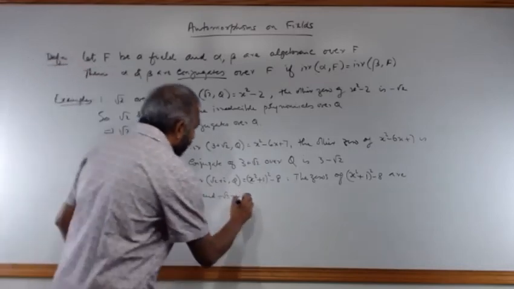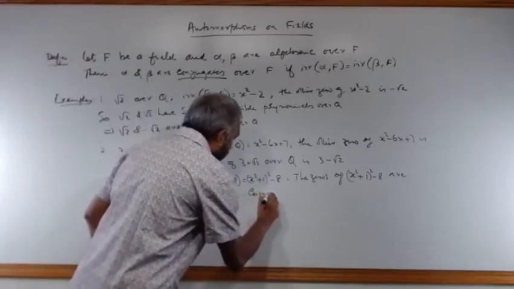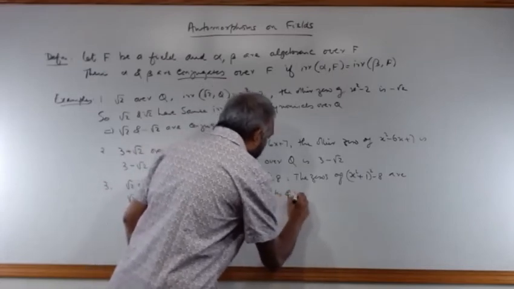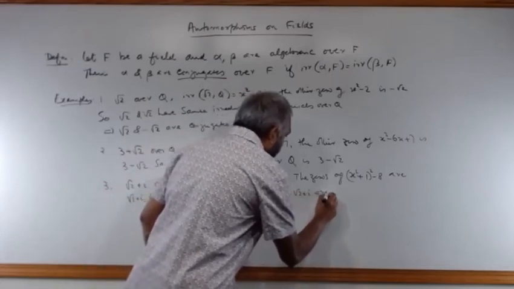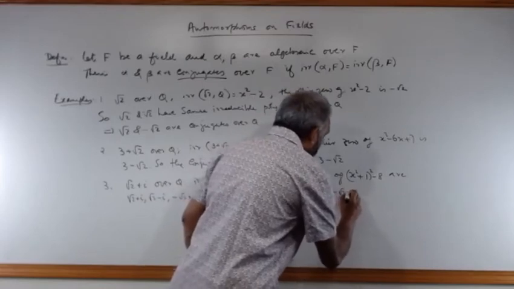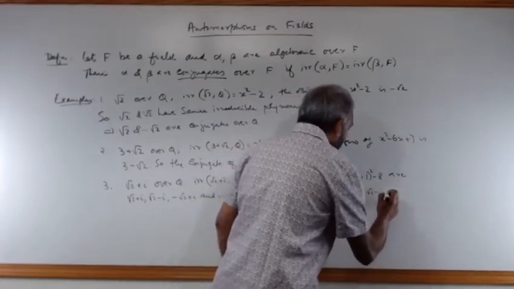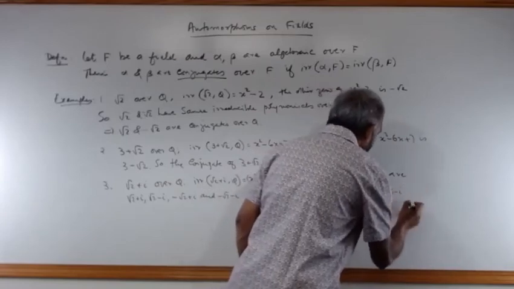So the conjugates of root 2 plus i are minus root 2 plus i, minus root 2 minus i, and root 2 minus i.